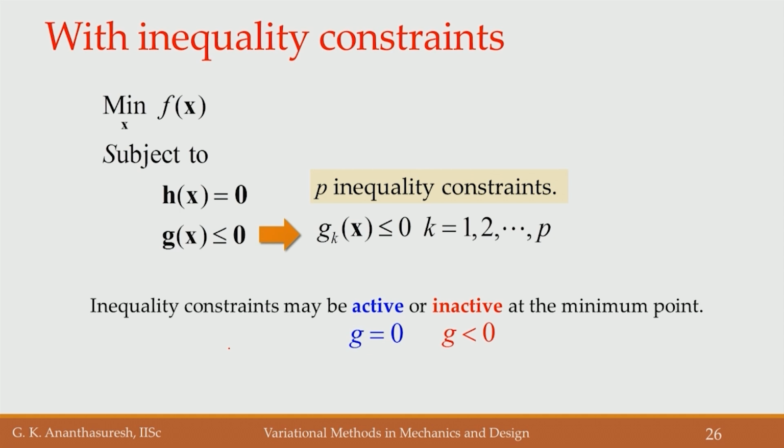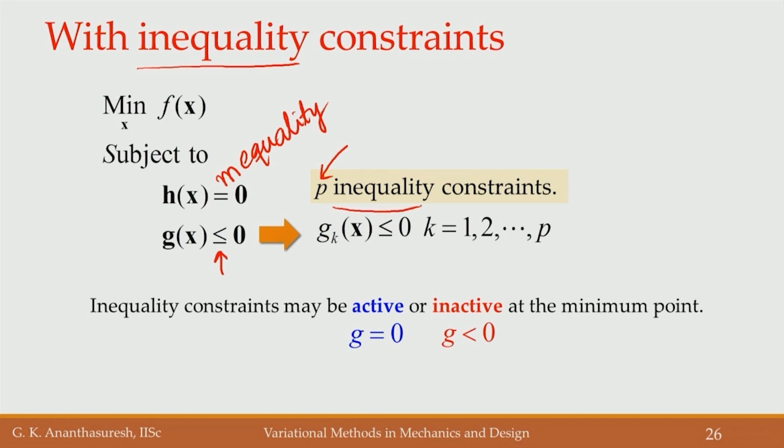Now, let us move on to inequality constraints. Inequality constraints will be denoted like that, less than or equal to. You can also do greater than or equal to, but we stick to the convention of less than or equal to. We have, let us say, P inequality constraints, and we have M equality constraints here.